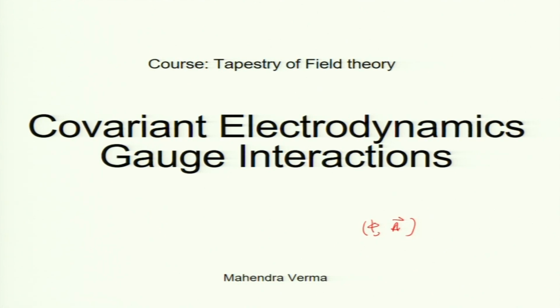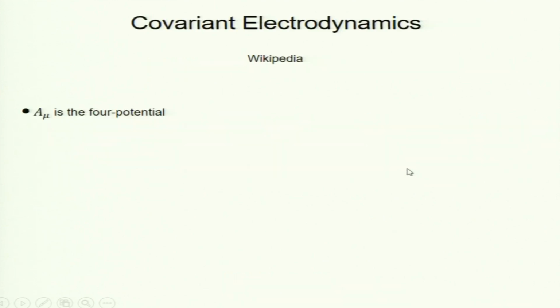I am not sure whether you have done it in your course, but we will look at some of the forms which appear in field theory. So, A mu is a 4-potential whose first component is phi and the other 3 are A, like dt and dx. There are 4-vectors, like energy and momentum, the 4-vectors.